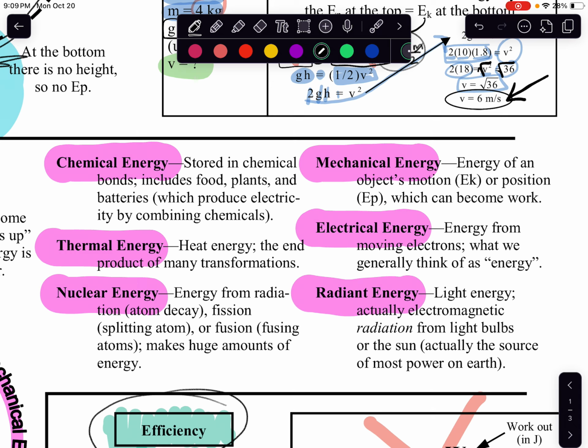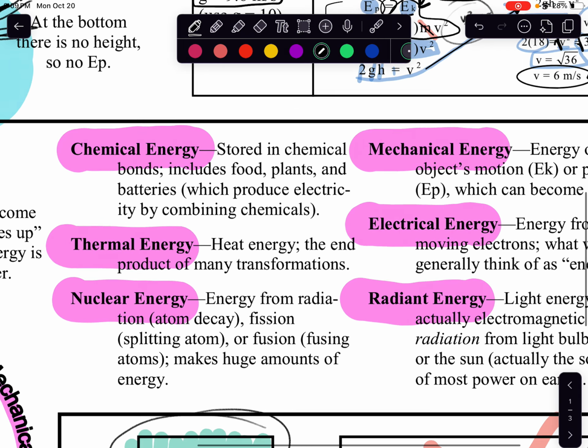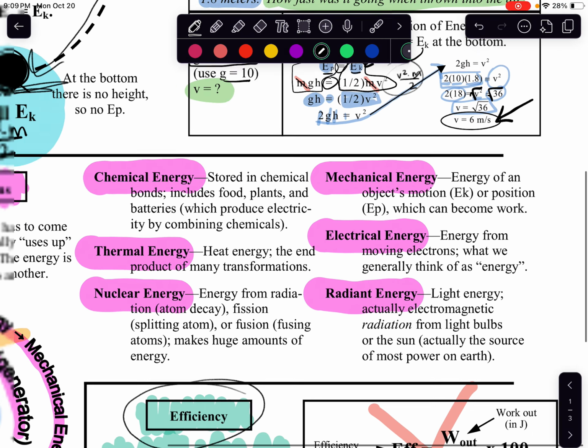That is the main type of energy that we kind of think about. And then radiant energy is light energy, like we talked about from the sun. It's called radiant or electromagnetic energy. Light bulbs, any other light source. Fire gives off both thermal and radiant energy. So that's a basic rundown of the different types of energy.